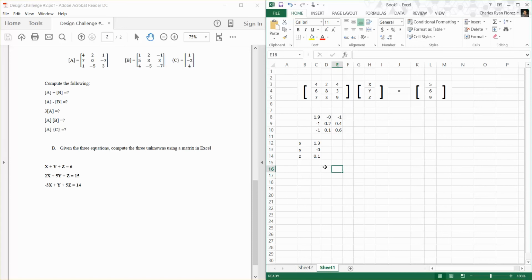So the numbers that satisfy are these here. Computing the 3 unknowns is in itself solving this system of linear equations.